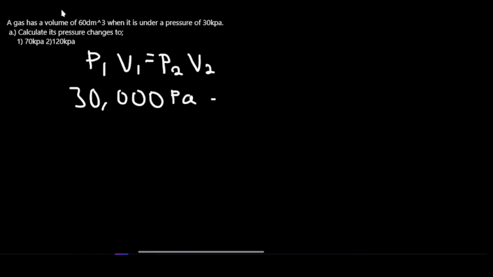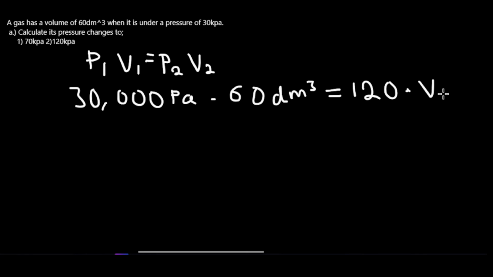This will be times our volume 1, which is fixed, and then this should be equal to our pressure 2. Let's use 120 pascals and not 120 kilopascals, and then this will be times our V2.